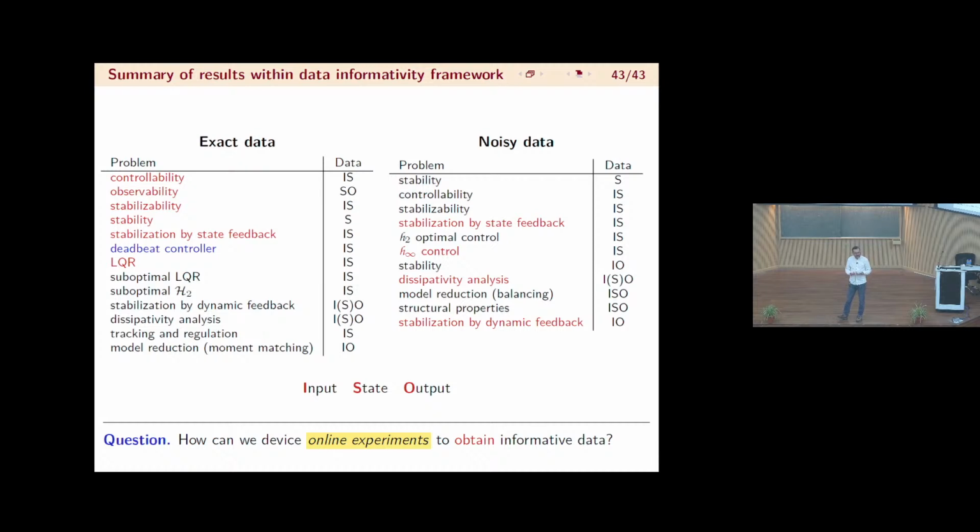Because it is very nice, persistently exciting inputs and subspace identification, because I don't care what kind of system I have. I just apply an input. I don't do anything in between. It's offline. I collect all the output and then identify the system.